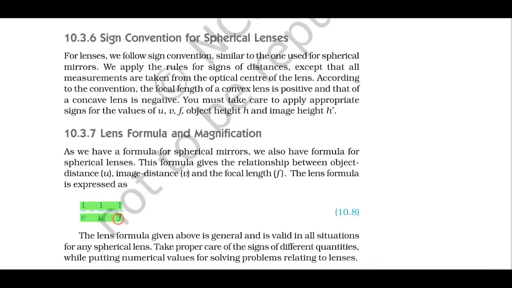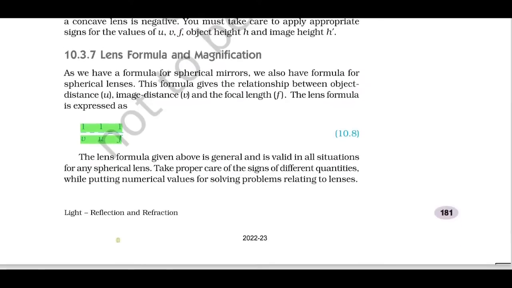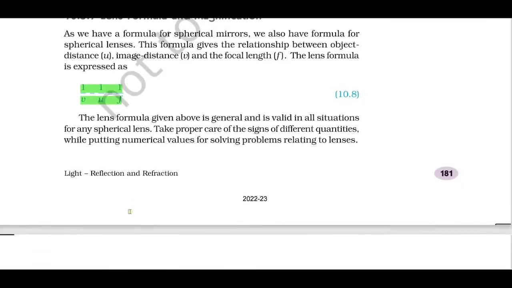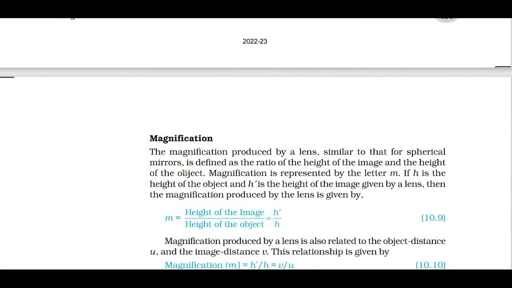Here you have the lens formula: 1 by v minus 1 by u equals 1 by f. What is v? v is the image distance, u is the object distance, f is the focal length. So you should understand the sign conventions to solve the numericals from the unit light reflection and refraction.